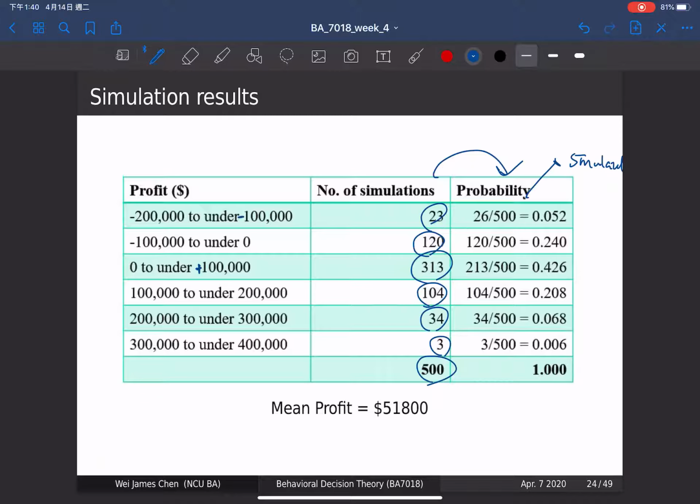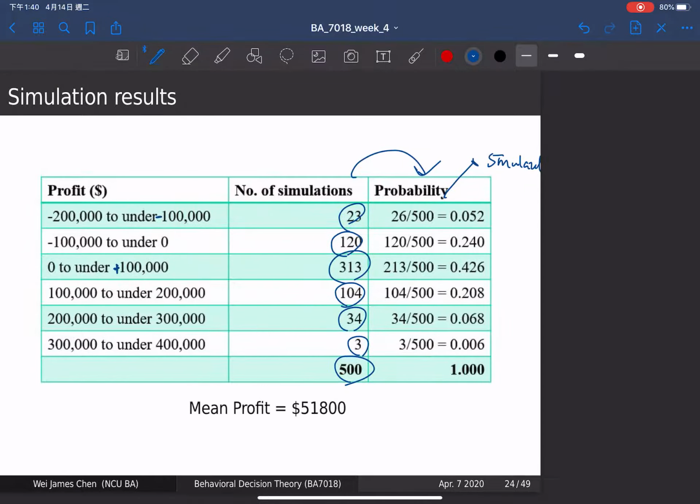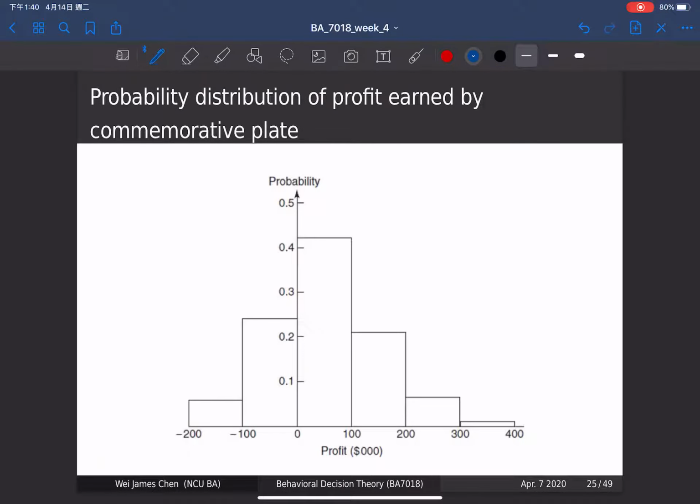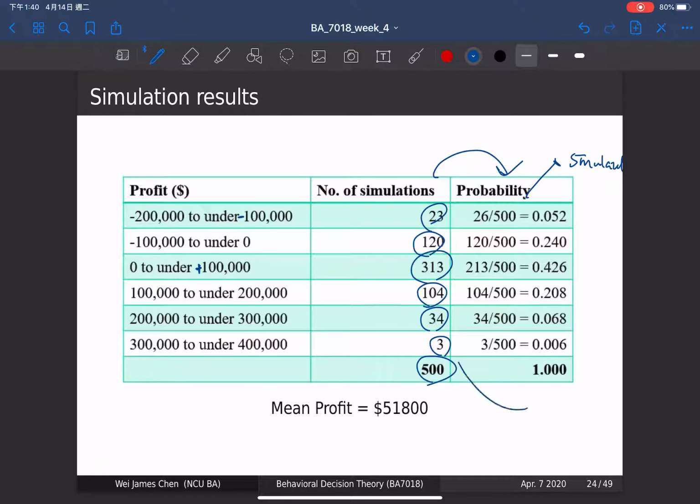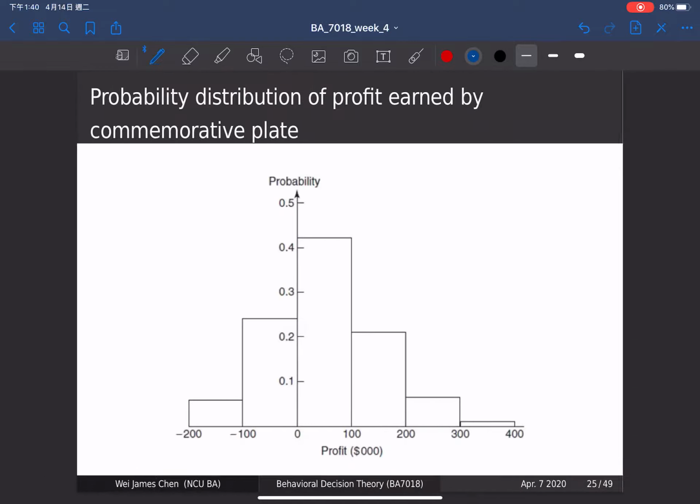If you simply don't understand what I'm saying, you can also raise your hand. Okay. This graph, you convert this to the next page, it becomes this graph. You simply convert the numbers into a graph. You guys know how to do that, right? Then you can have a very clear view of what your profit will look like.